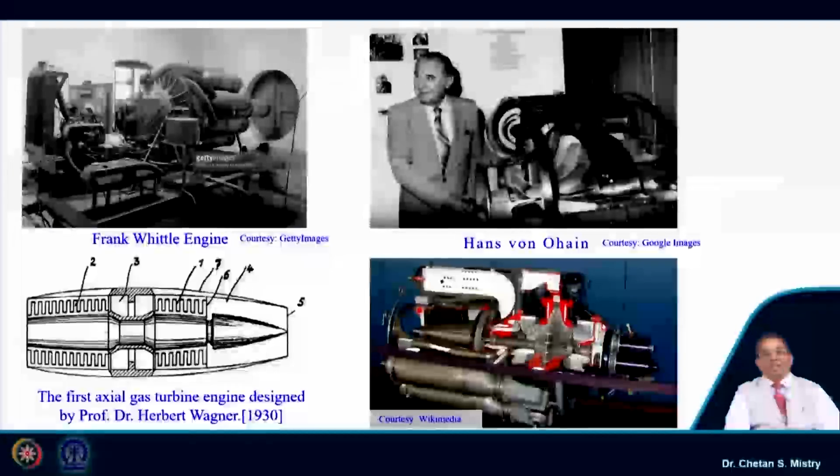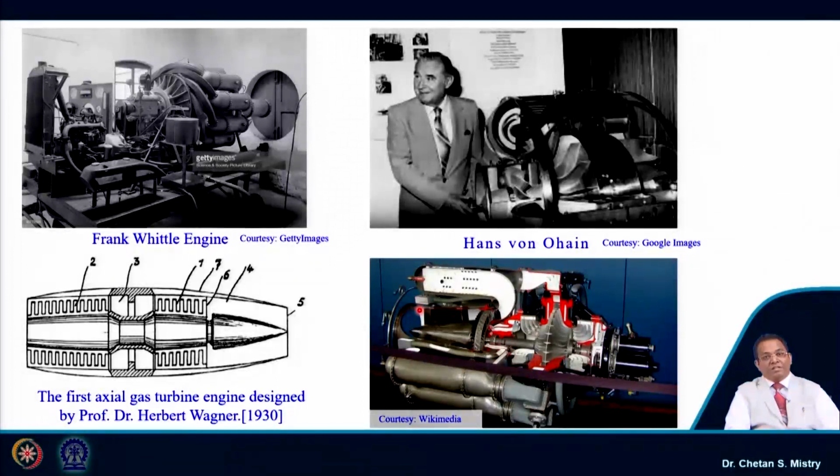In 1930, Frank-Whittle had a patent for the gas turbine engine, this jet engine. At the same time, in 1936, Von Ohain registered his patent. In 1939, Von Ohain's engine was first tested for flight condition, and later in 1941 Frank-Whittle's was tested.